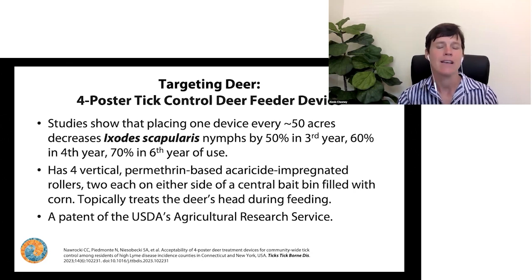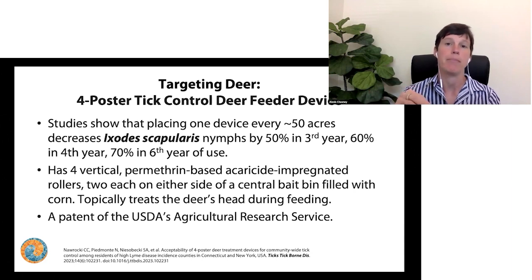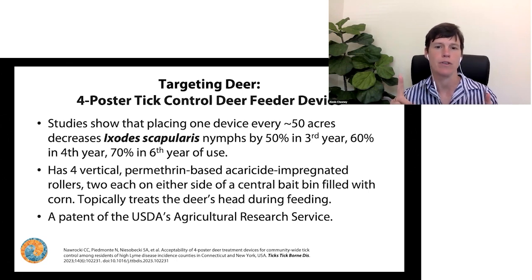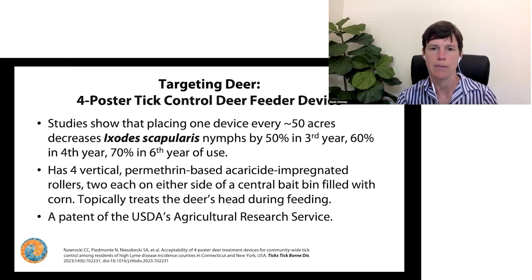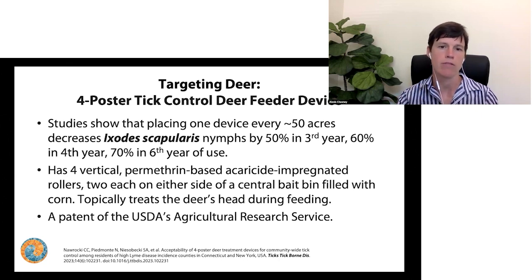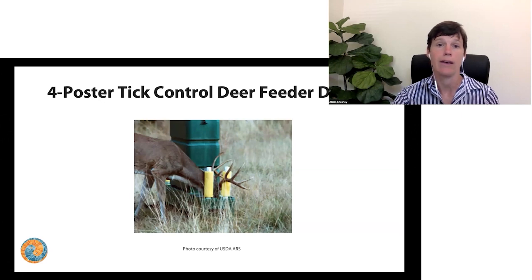What it is, is an area where deer can come to get bait, and while they're there feeding, there are these vertical poles that have permethrin rollers on them, and so they get that permethrin on them, which treats the deer's head to kill ticks. So permethrin we're going to talk about, and it is a chemical used.